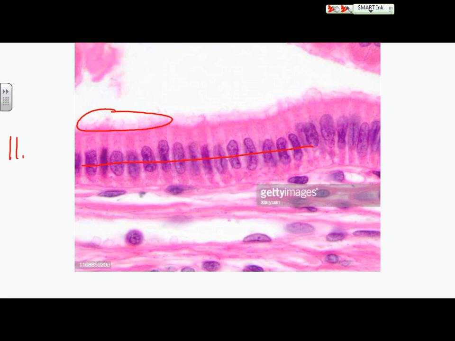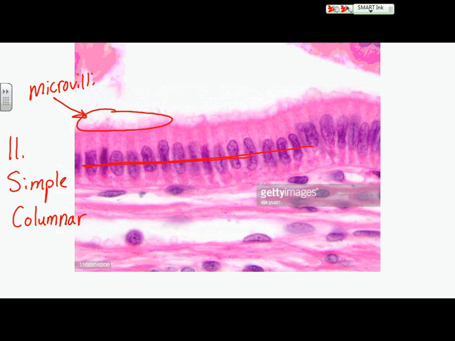It does appear that there is a surface feature there. Hard to tell if it's cilia or microvilli, but there is some kind of surface feature. But the fact that these are columnar and the nuclei are all on the same level, this is going to be our simple columnar, which tells me that those things that I'm seeing there that are hard to tell, those would be the microvilli.